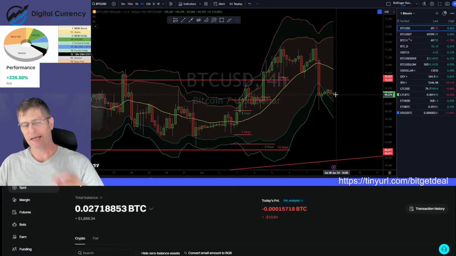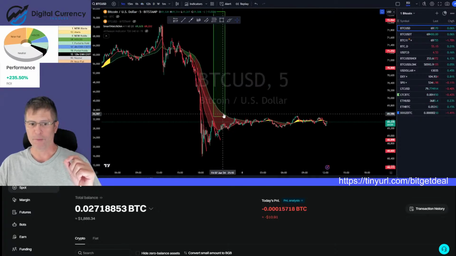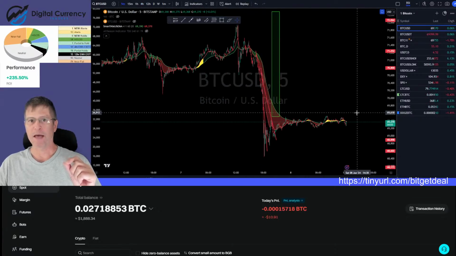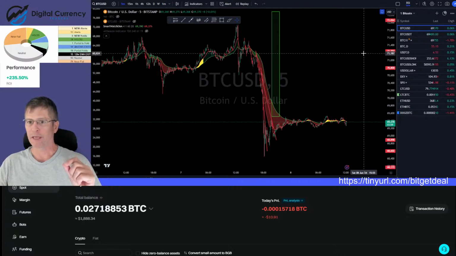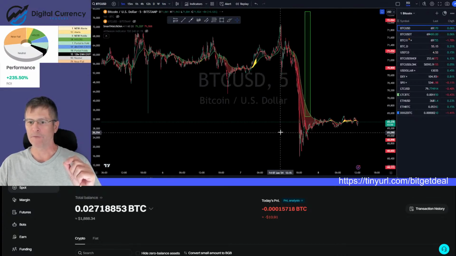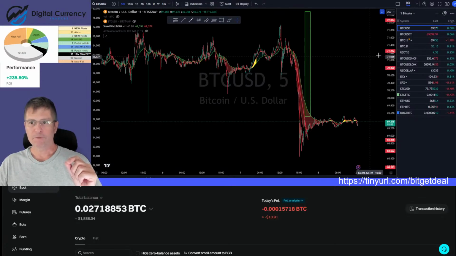Now we're inside the second standard deviation, and that is the potential for a Bollinger Band mean reversion buy signal when this 1, 2, 3 formation finishes. This would be a valid buy signal, and your stop loss could be just below here, and you would manage risk on the way up if it did turn and go that way. So that's what I'm thinking for Bitcoin.